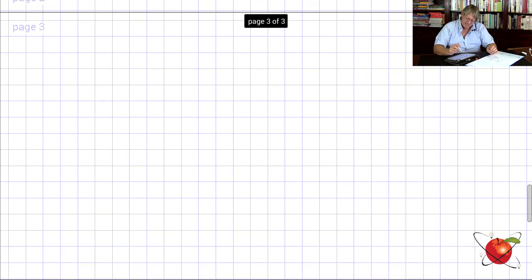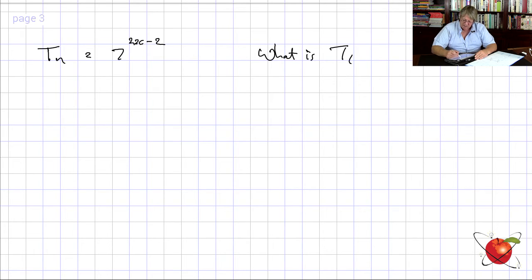Let's say they give us something like this. We're told the general term of a series is Tn equals 7 to the power of 2x minus 2. Now they ask, what is T1? That means n equals 1.